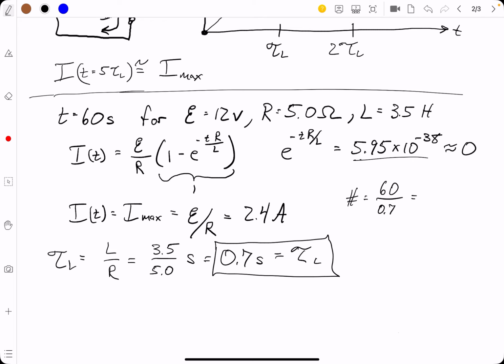I didn't do this earlier, so 60, enter, 0.7, divide, 85 taus. In fact, it's almost 86. So 60 seconds is way too long to wait. I should probably change it in my notes. We should probably change it to 10 seconds.